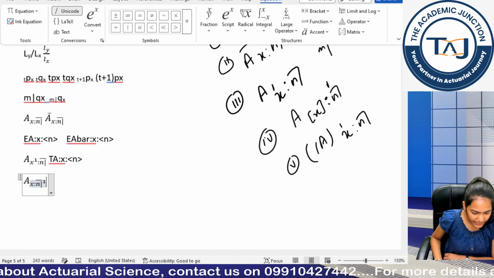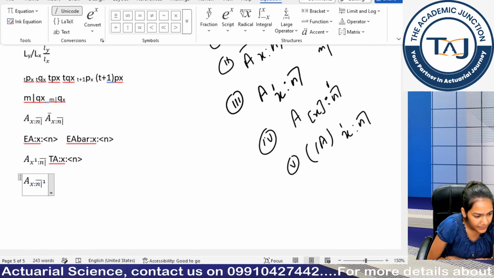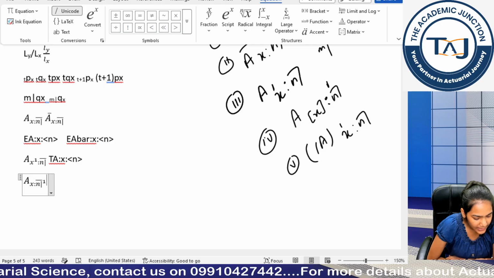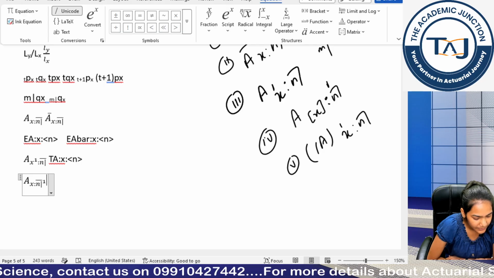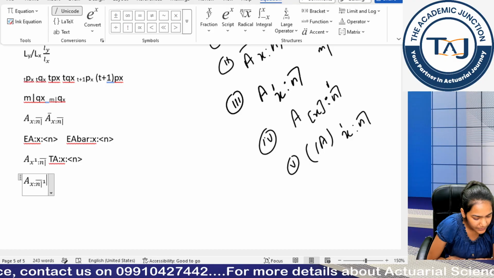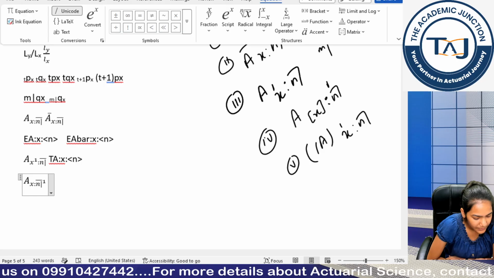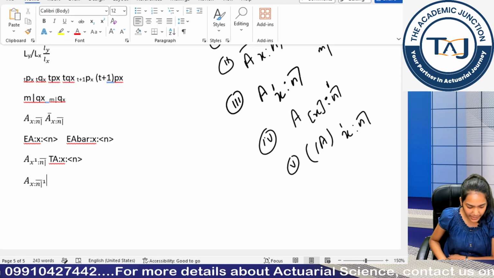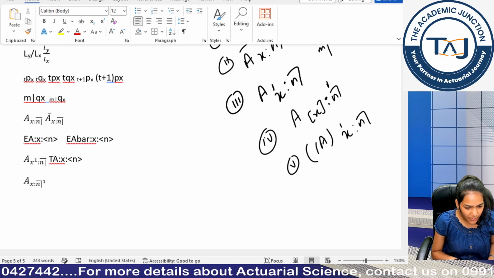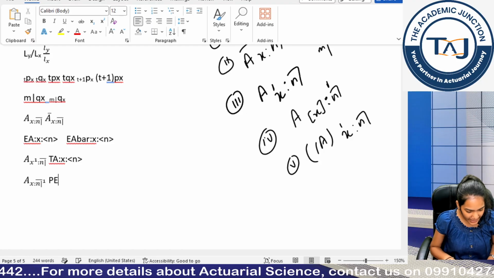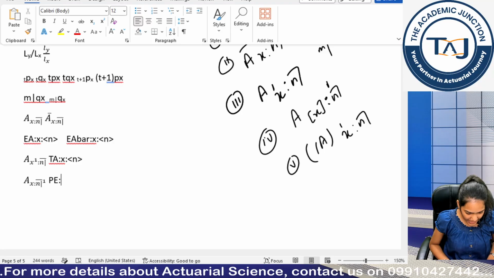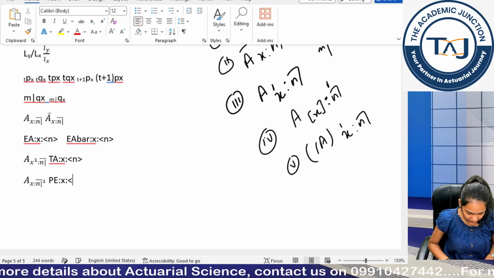Clear, guys? Is this clear? This shows my pure endowment. So pure endowment is basically PE, then I have X, then I have this N years.